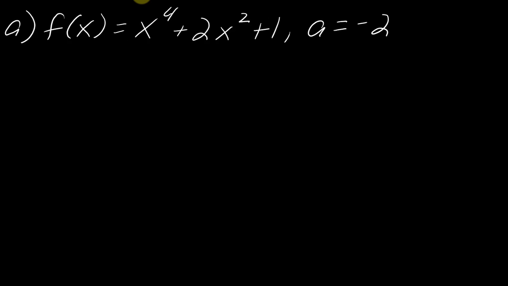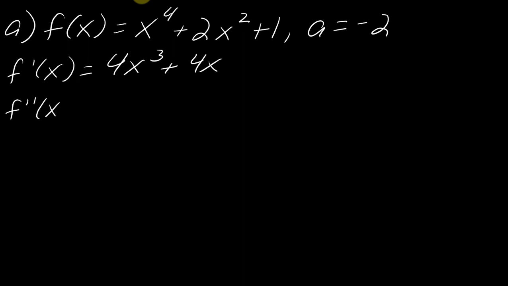All right, so to generate your Taylor series, the first thing you need to do is take a bunch of derivatives. Since I know that these derivatives will eventually go to 0, I am just going to keep taking derivatives until I get there. Oops, and this should be 12x squared, my bad.